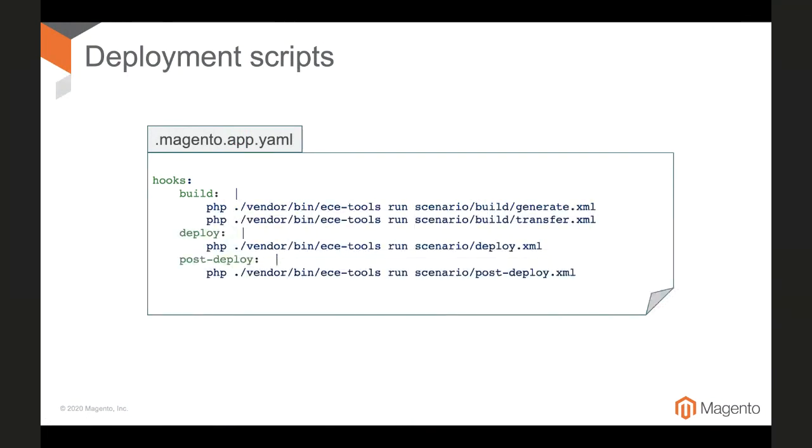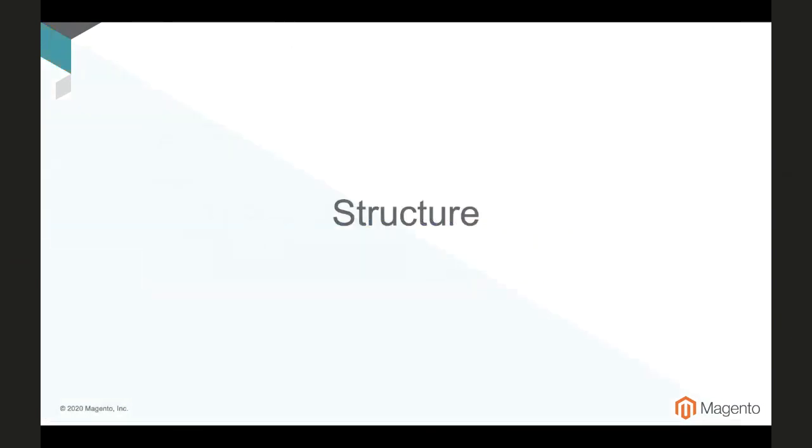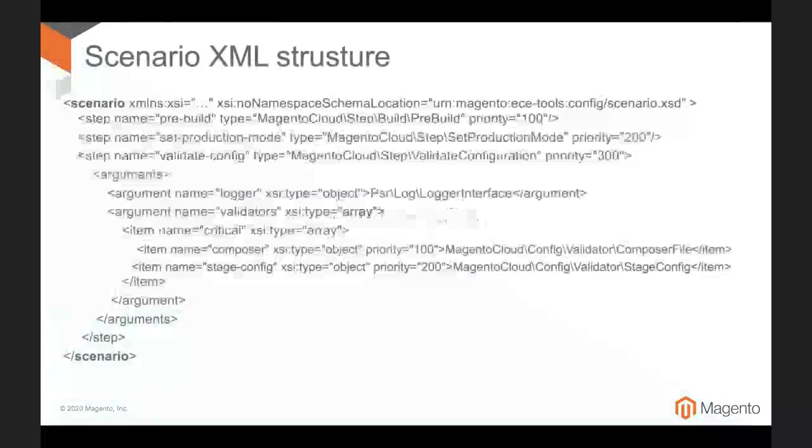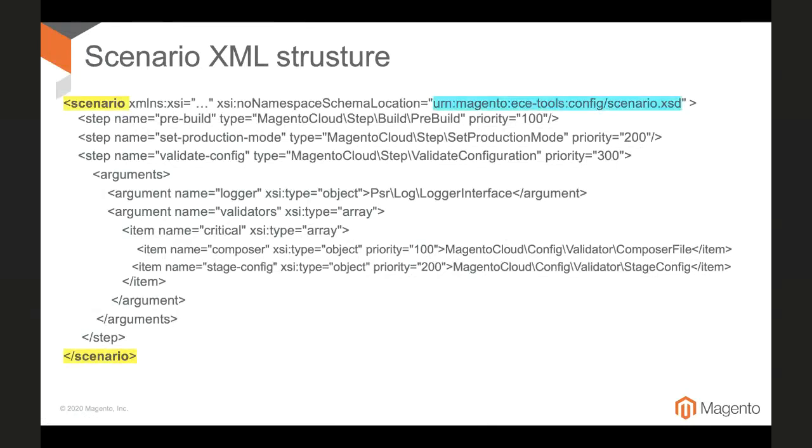So what's the structure of these XML files? It's pretty simple, but anyway, let me introduce the structure. First, every step should be covered in a scenario element. More about the schema you can find in the XSD file.